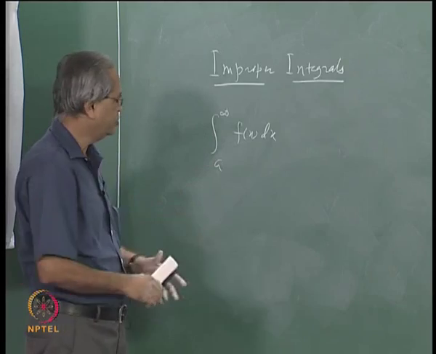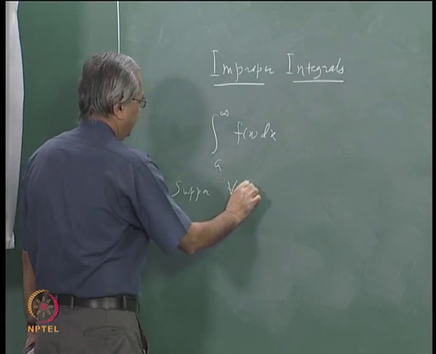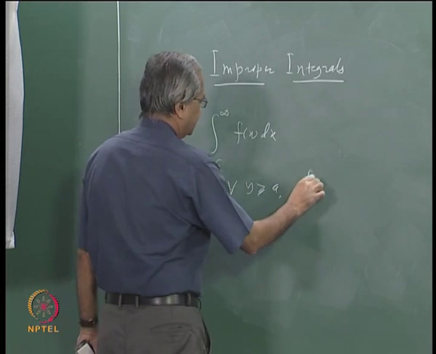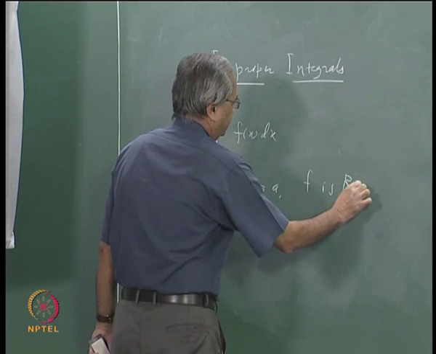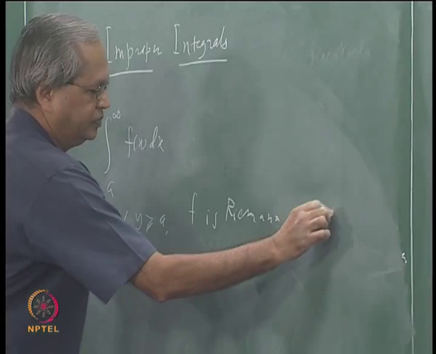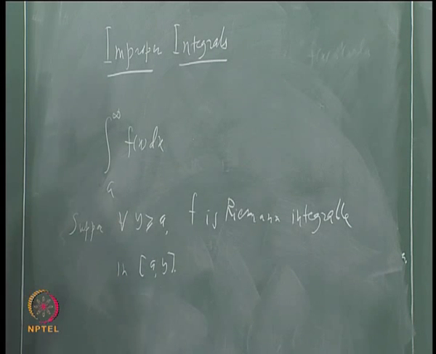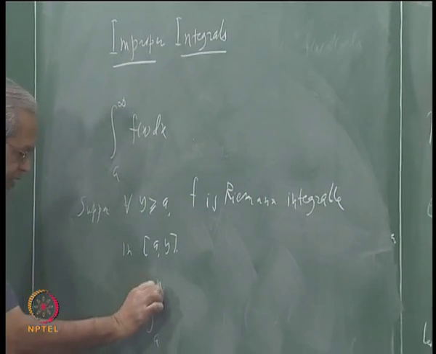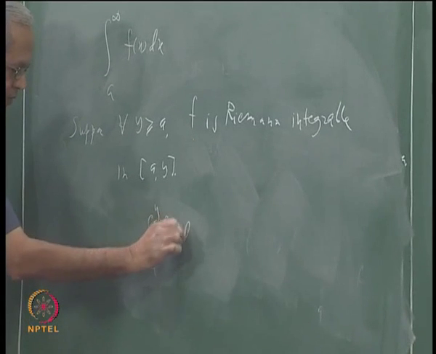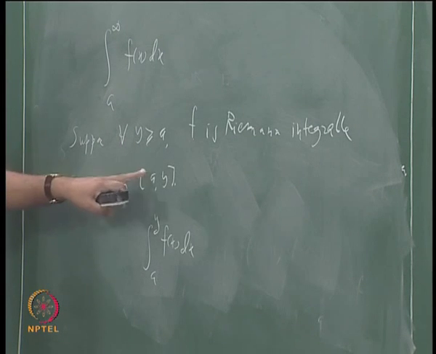But suppose the following happens: suppose for every y bigger than or equal to a, f is Riemann integrable in the interval a to y. Suppose this happens for every y, then I can talk about this integral, integral a to y f(x) dx, because we have assumed that it is integrable in this interval a to y.